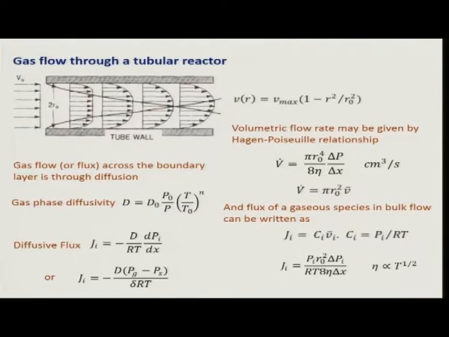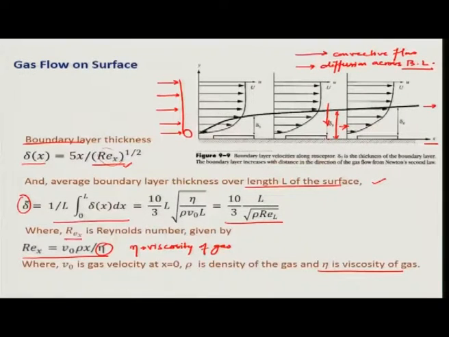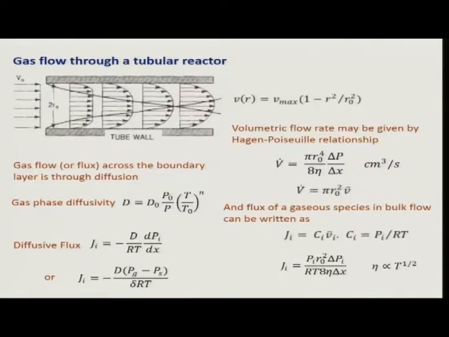Okay. Now, we had looked at what happens when the gas is flowing on a surface. We can also look at what happens when the gas is flowing in a tubular reactor. We can approximate this tubular reactor as the gas flowing between two parallel plates to some extent, and we can see that the radial distribution of velocities will be given by this expression.